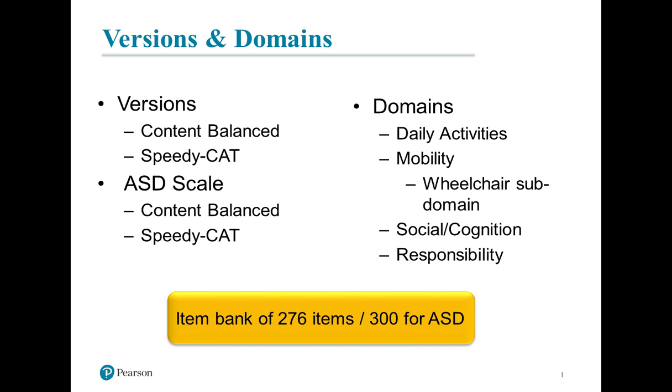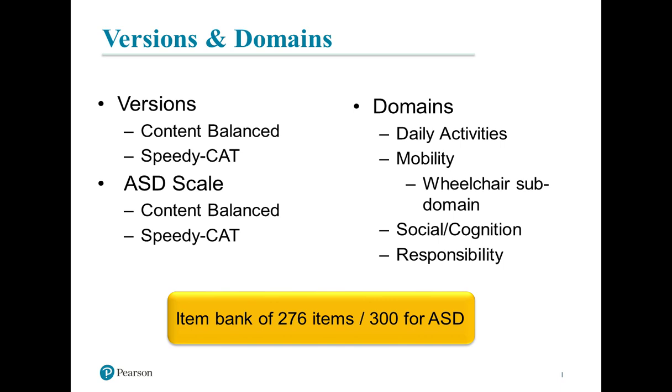There's basically an item bank of items in it, and with the content balanced version, you're going to get asked about approximately 30 questions per domain, whereas with the PEDICAT version, you'll get asked about 10 to 15 questions per domain. So it's going to be about half or slightly less than half the number of items, and I'll talk about the domains in a second.